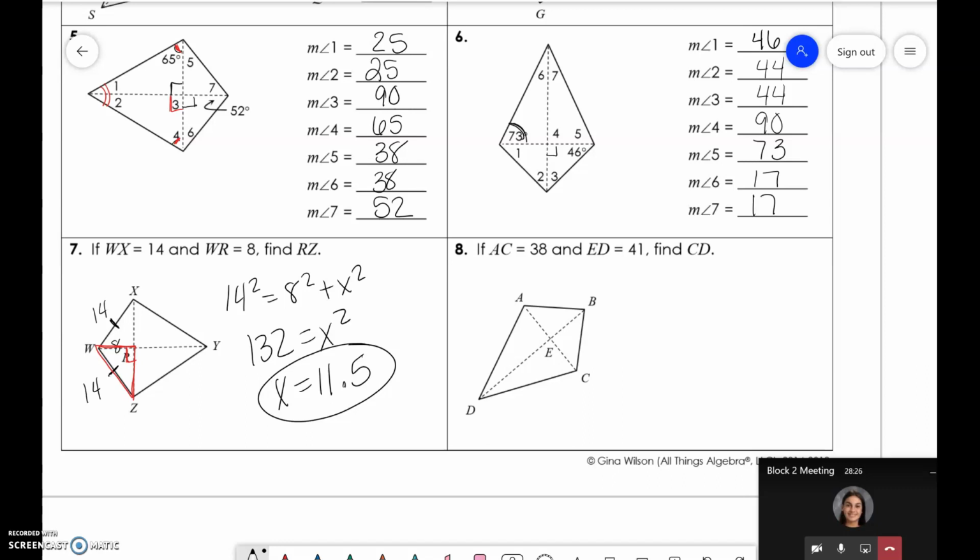Okay. So AC here is 38 and ED is 41. So we need to find what CD is. It is the fact that 38 can be broken up into 19 and 19. So now we have this right triangle where x squared is equal to 41 squared plus 19 squared.